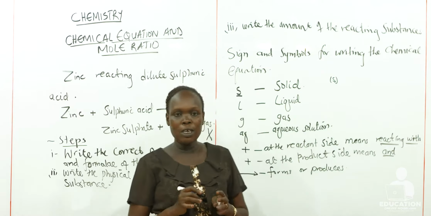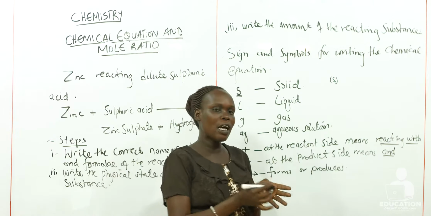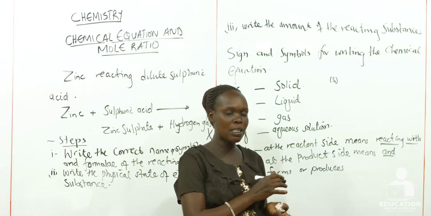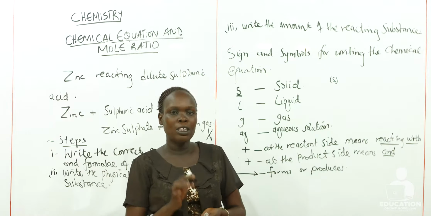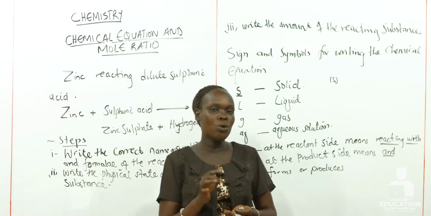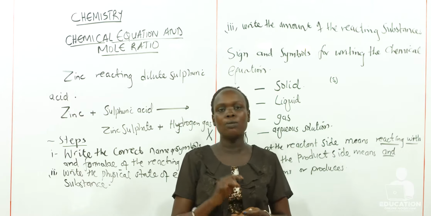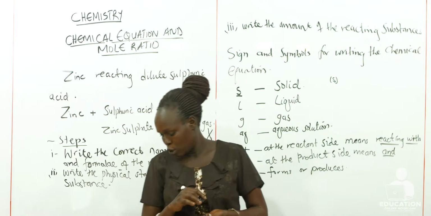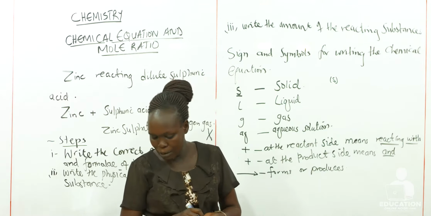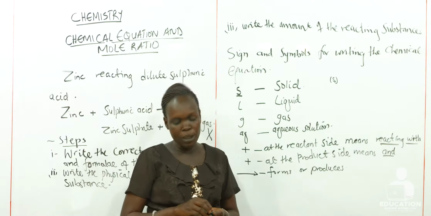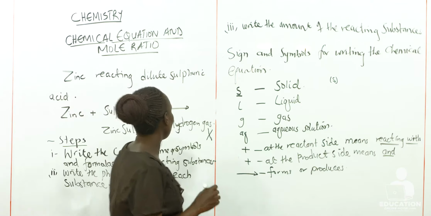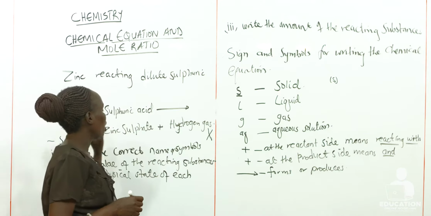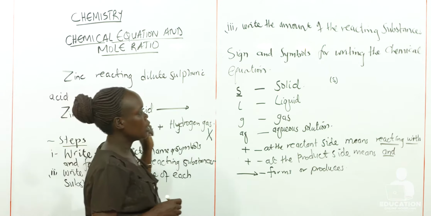We have to put this into our minds. It means you cannot have lesser mass on one side and more mass on the other side, because that would show that atoms are being destroyed or created. So we have to be very keen when dealing with chemical equations. As I said before, we need to represent each substance using symbols.